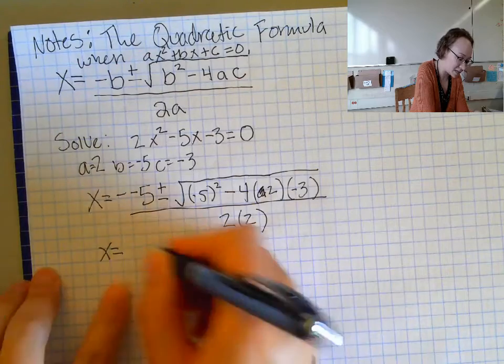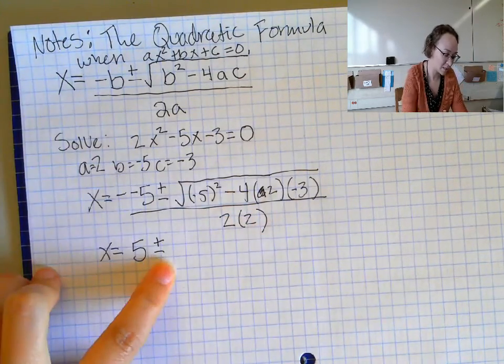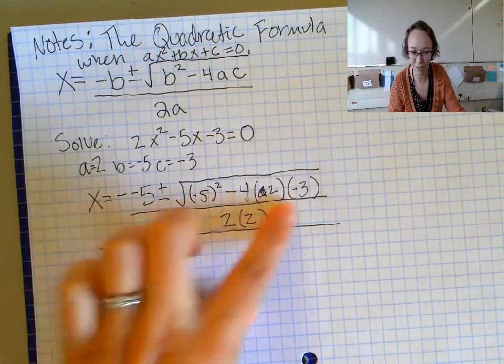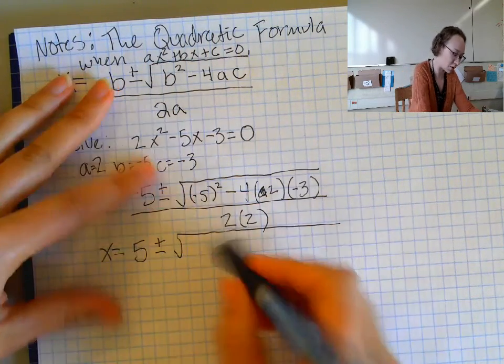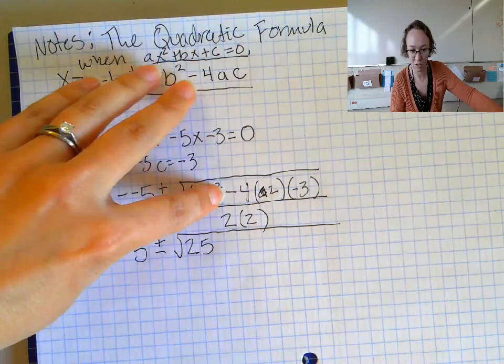X equals negative 5, that's just a 5, plus or minus the square root of, and now I have to do all this stuff in here. So what can I do first? Well, exponents happen first, so I can do that right off the bat, 25. And then I'm going to do this.